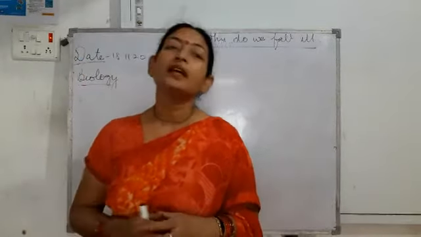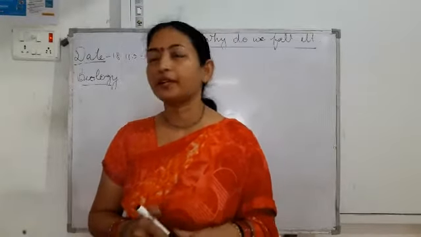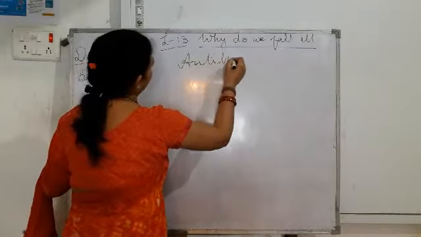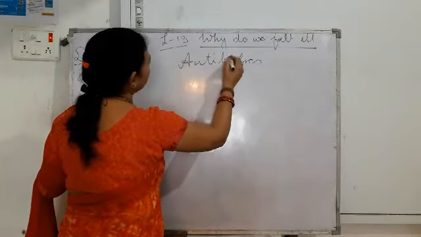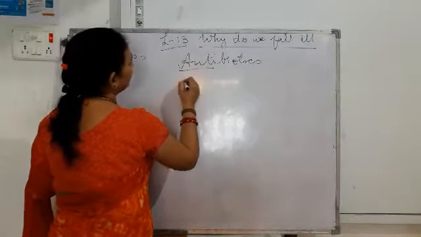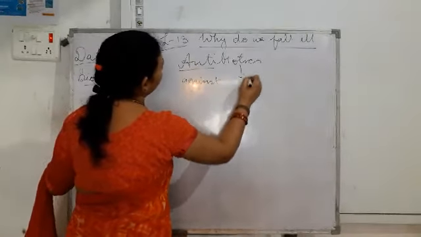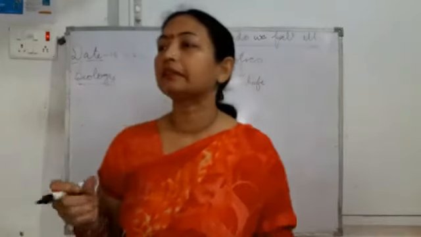For example, we introduce antibiotics. What are antibiotics? Antibiotics are the medicines which control. Anti means against, biotic means life, bios means life. The materials which are against life.